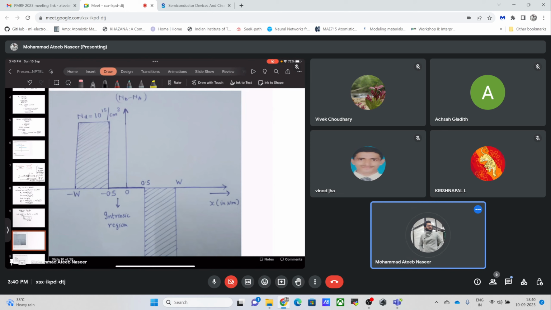Please unmute one by one and try to answer this question. Which side would be p, which side would be n, and which would be intrinsic? Yes, anyone?